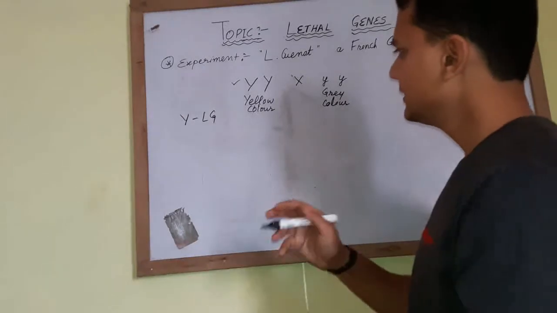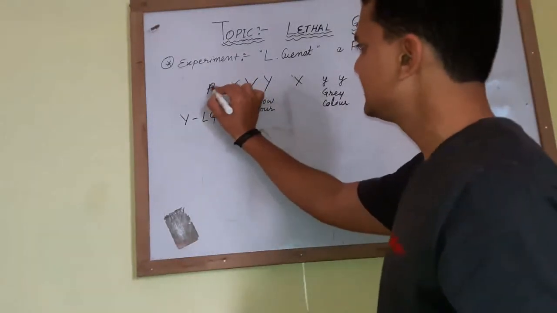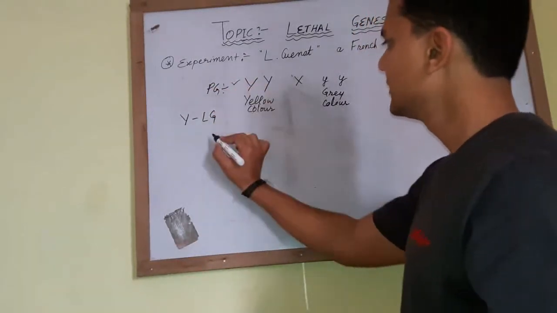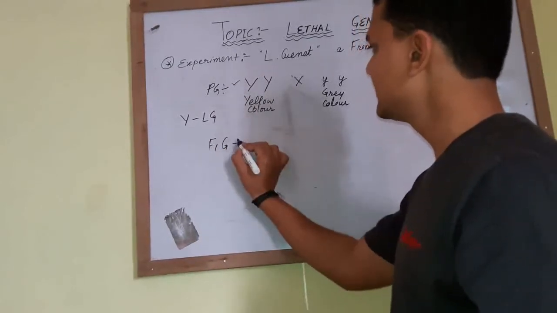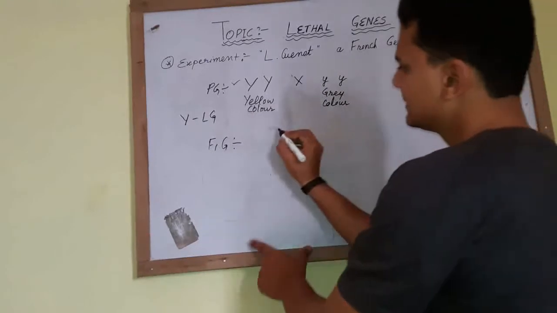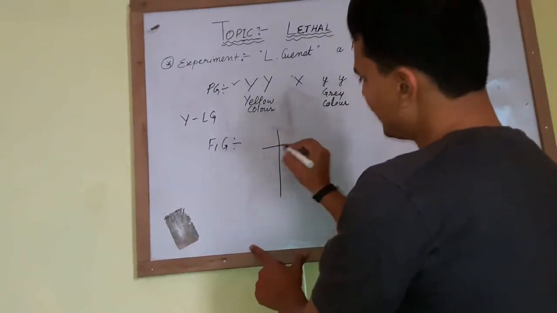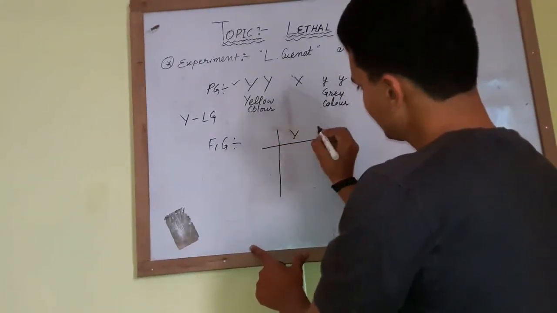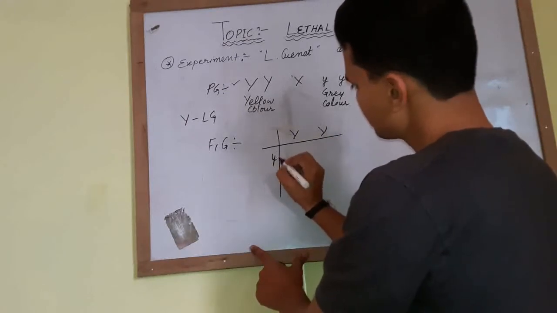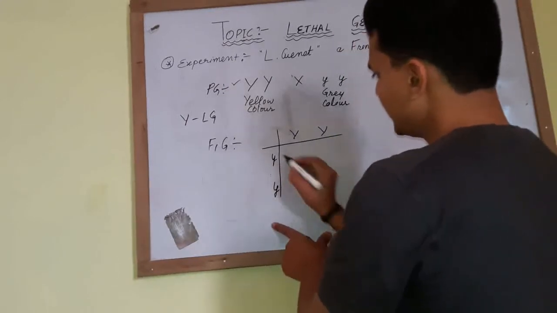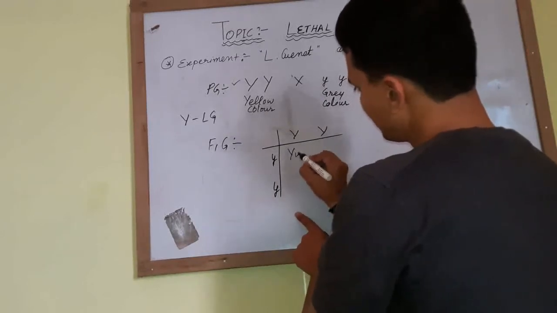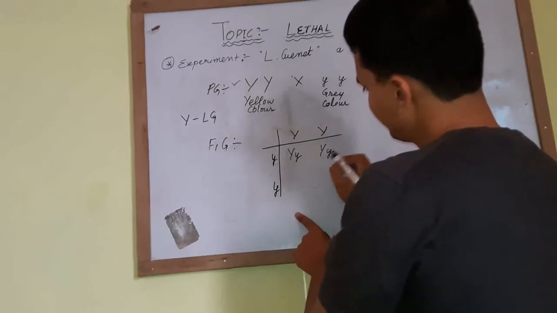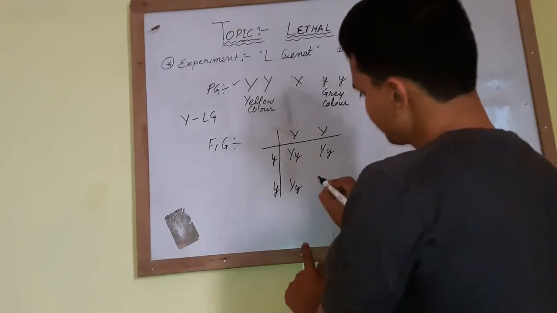This was the parent generation. When we jump to the F1 generation and plot the cross in a Punnett square, the four offspring will be heterozygous.